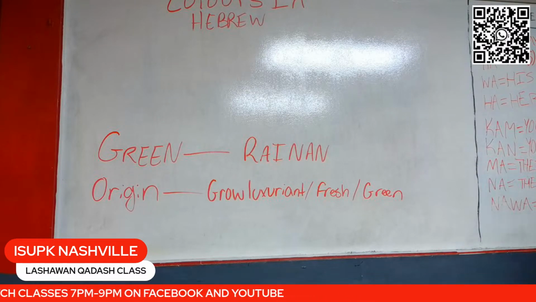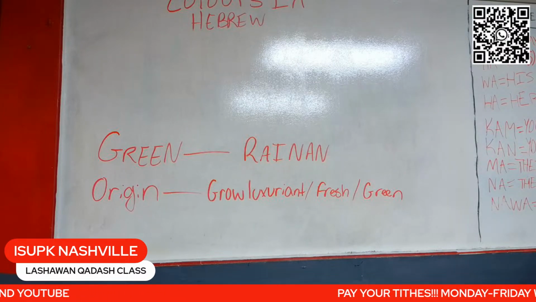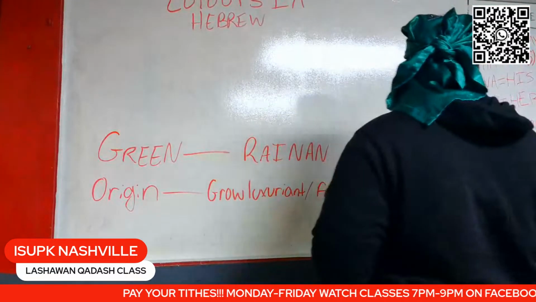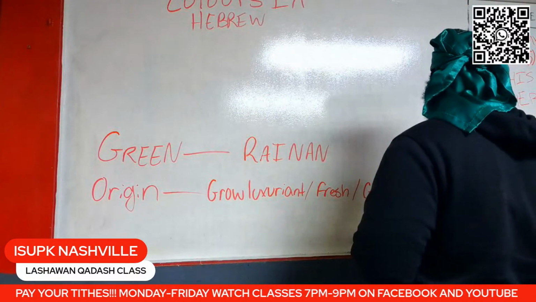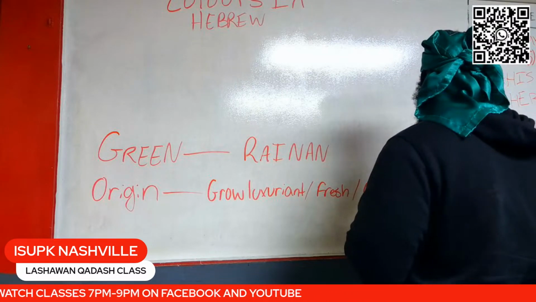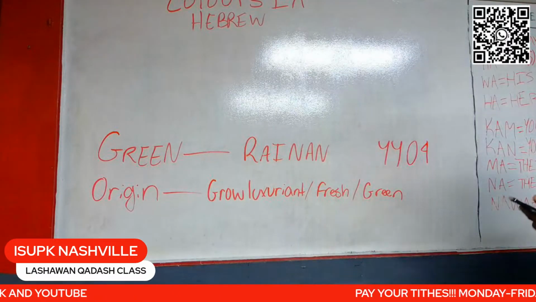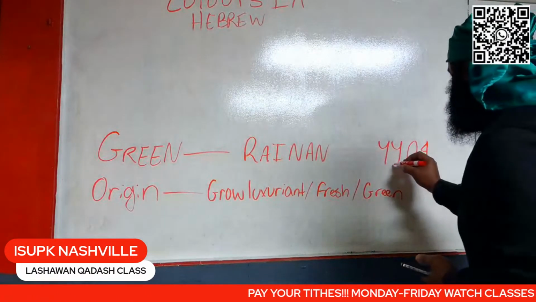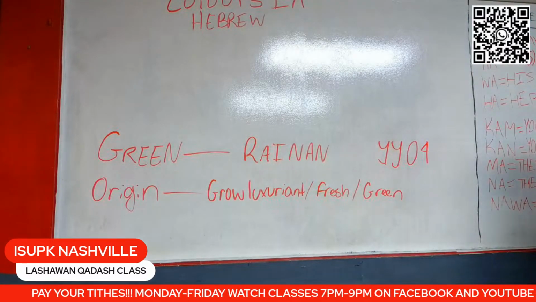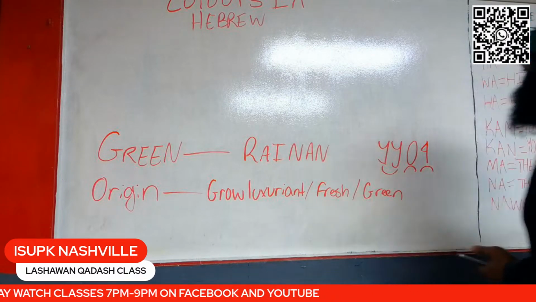You feel me? So now let's write it out. This is the Lashawan Kodash. Ra, I, Na. That's how you write it out. Let me look at the end so you won't think it's a Y. So it would be Ra, I, Na.